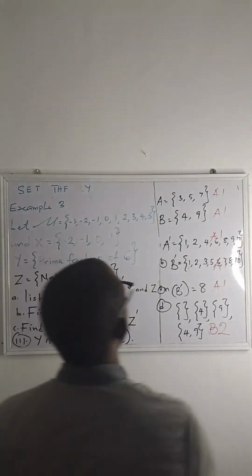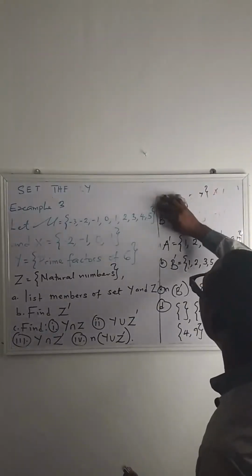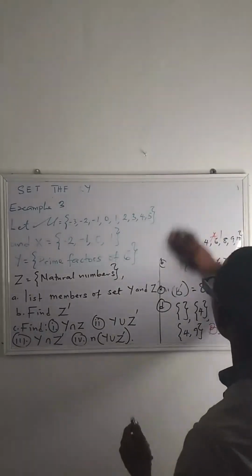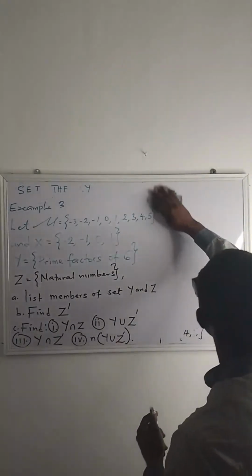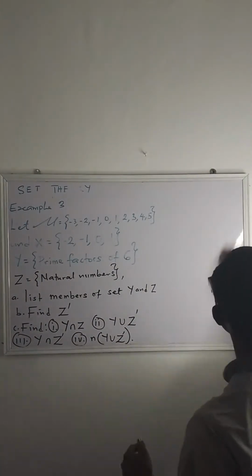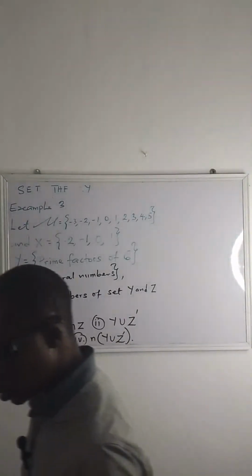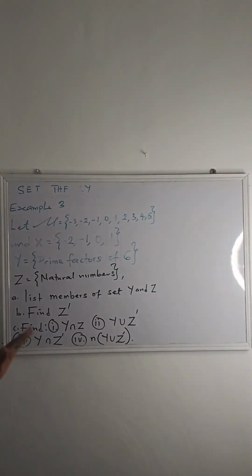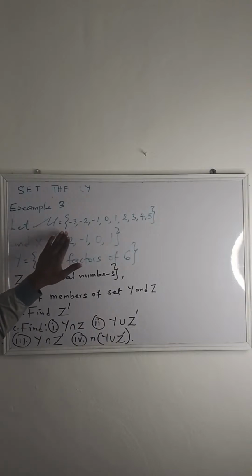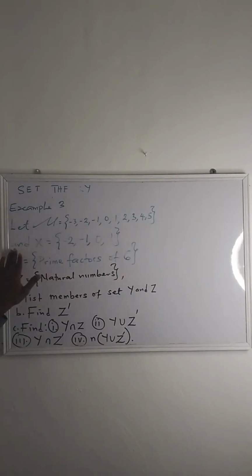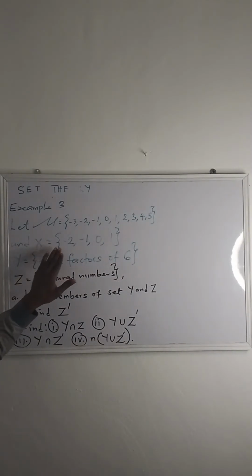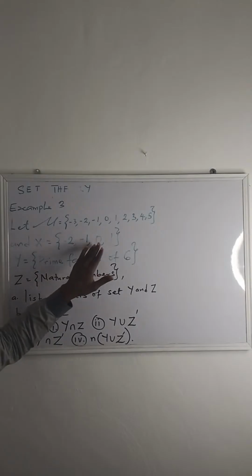Now let's solve this problem together. All right, now let's look at the problem. U is the set of -3, -2, -1 down to 5, and X is the set of -2, -1, 0, 1.